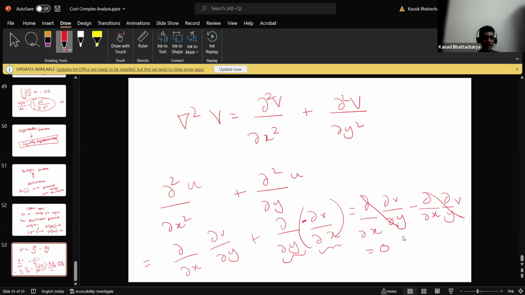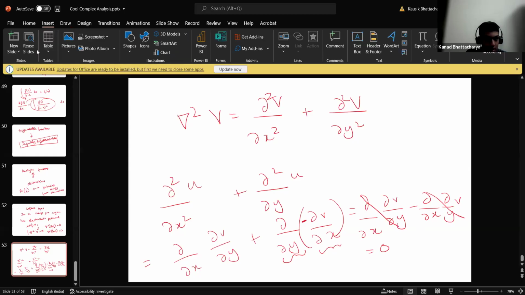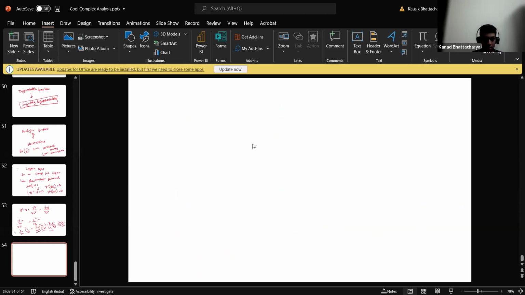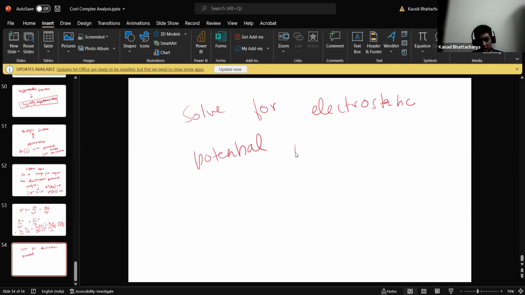The reason why this is so fun is that, I'm just going to end the class here. The reason this is so fun is that if, let's say, you want to solve for the electrostatic potential in a random geometry, let's say it looks like this.